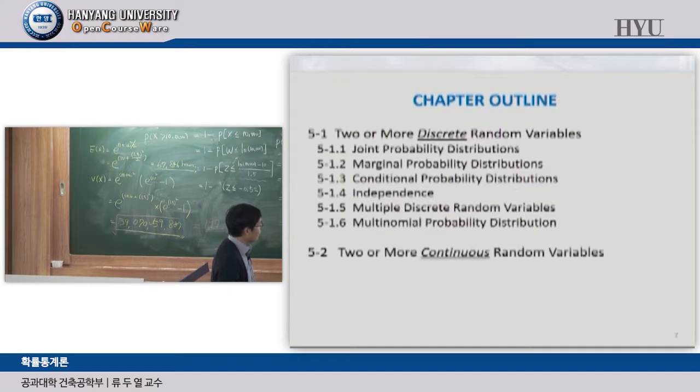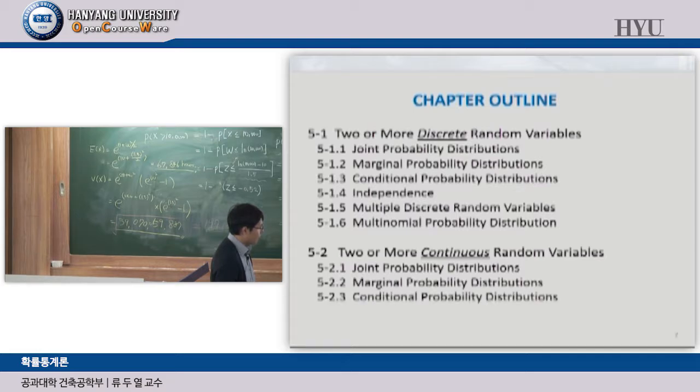In the case of chapter 5-2, we are going to learn about 2 or more continuous random variables. This is the discrete and this is the continuous. Similar to chapter 5-1, we are going to learn about the joint probability distributions of 2 or more continuous random variables, the marginal probability distributions, the conditional probability distributions, and independence, and then multiple continuous random variables.